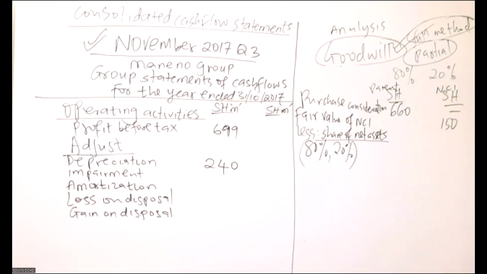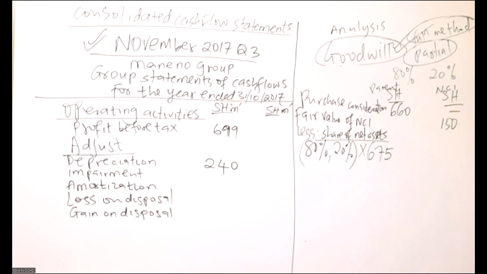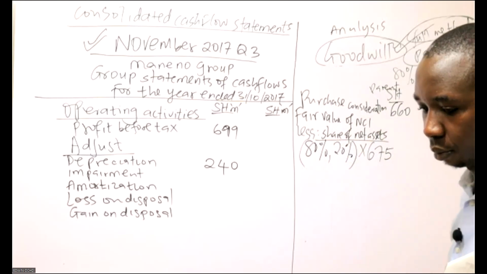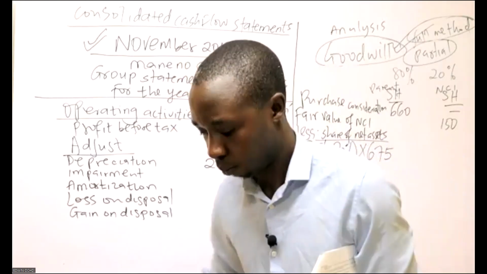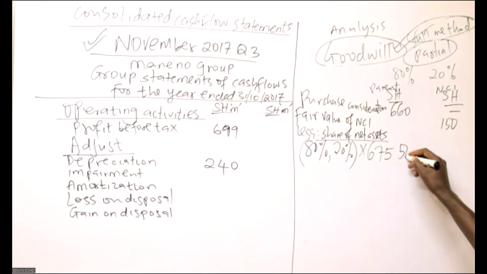So what you do here, you share the 675. So 80% times 675, this is 540.